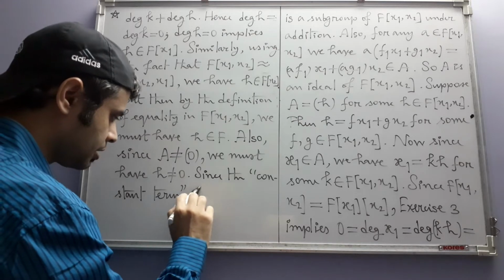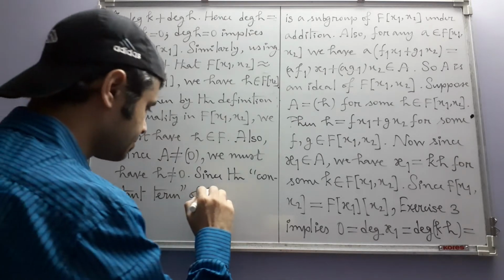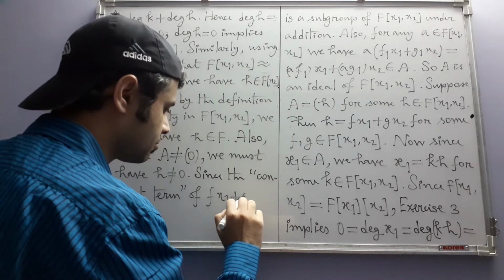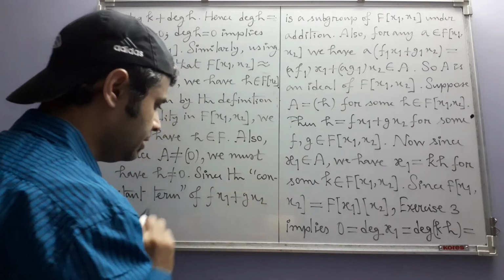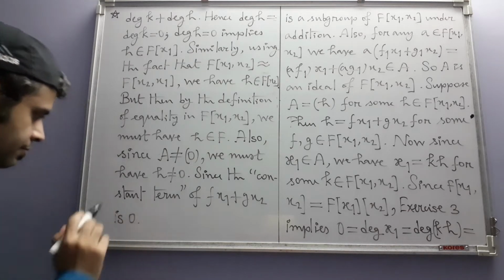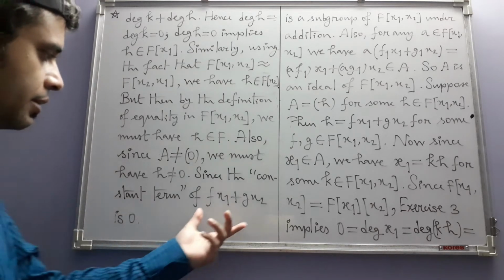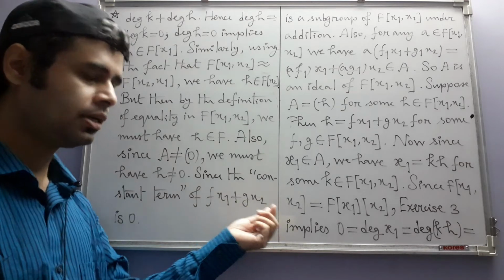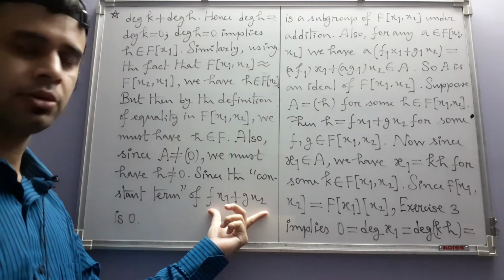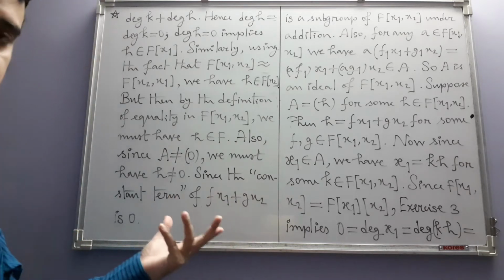Since the constant term of f x1 plus g x2 is 0, the constant term is the single field element that we have in this polynomial, which in this case is 0.